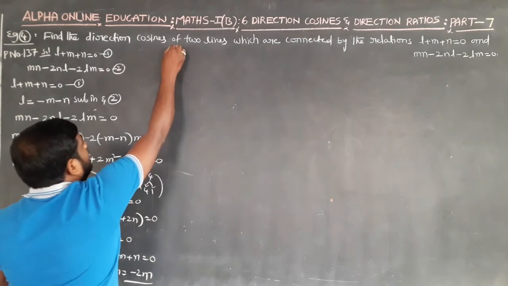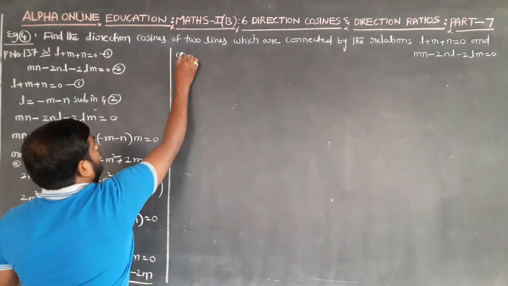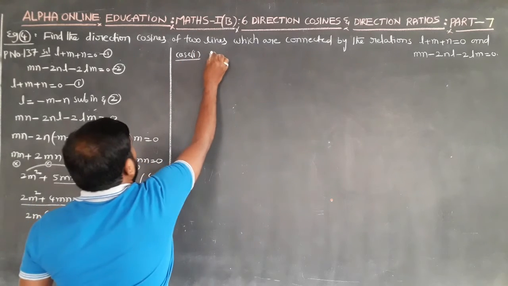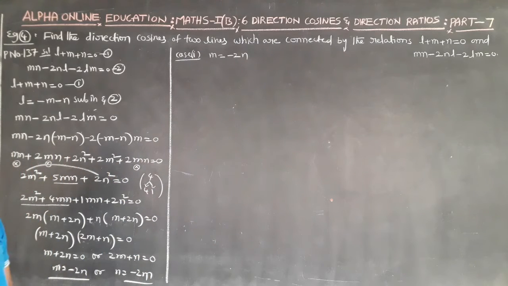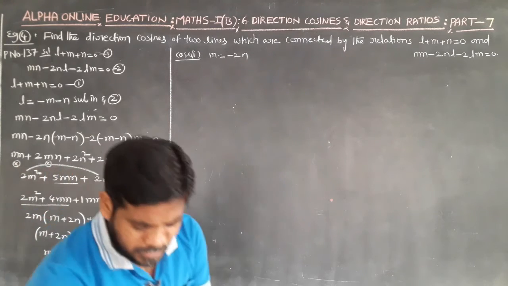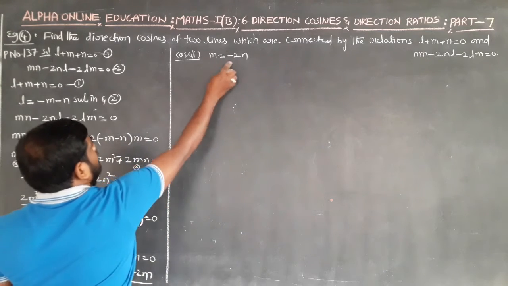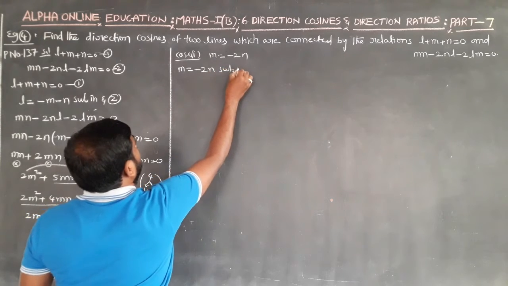Observe here, here two cases. First case, case 1, m is equal to minus 2n.